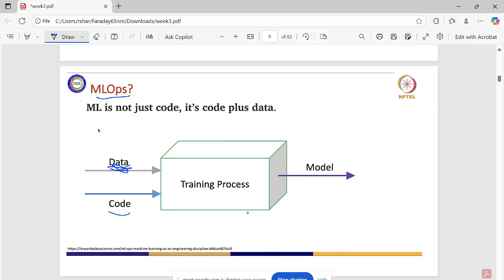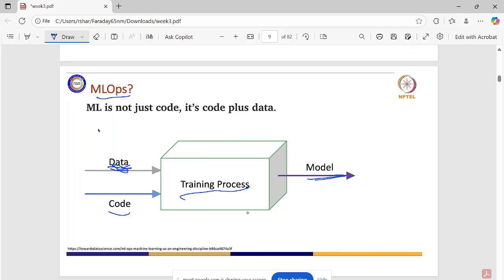So machine learning projects or machine learning software, it is not just the code, but it is also code plus data. So it's like we have got the data, the program, and the application code, and then we are trying to train, like do the training process, and some model we have.